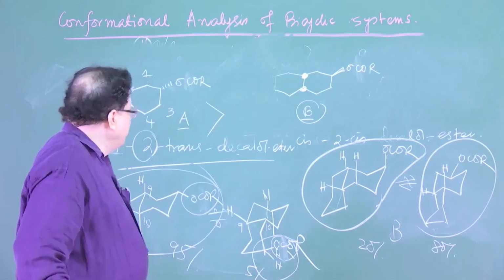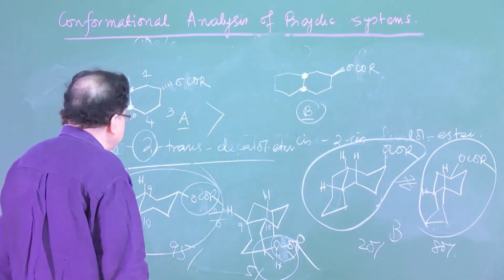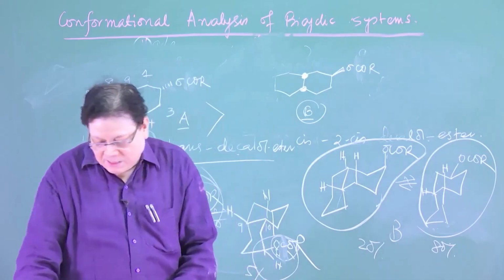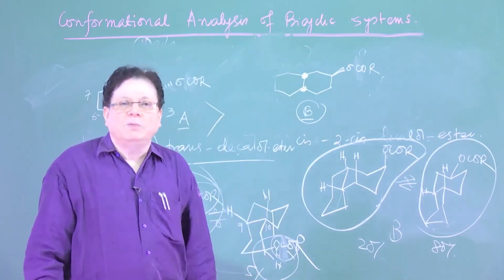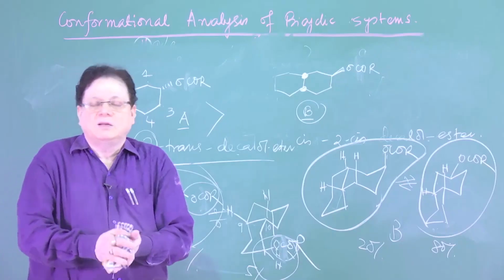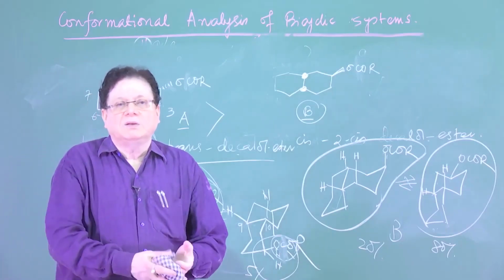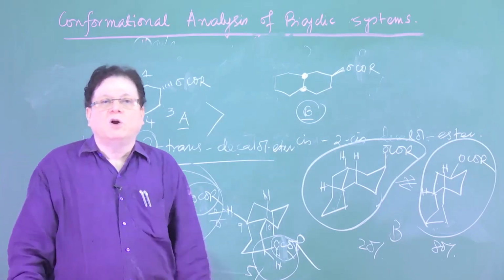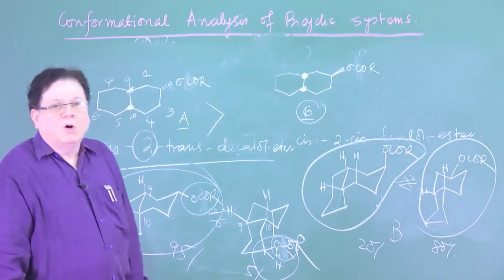Okay. So, I think that takes care of the Decalin system, the bicyclic system. Our next lecture, we will go for the tricyclic system. Tricyclic systems are also called basically the all reduced form of either anthracene or phenanthrene.